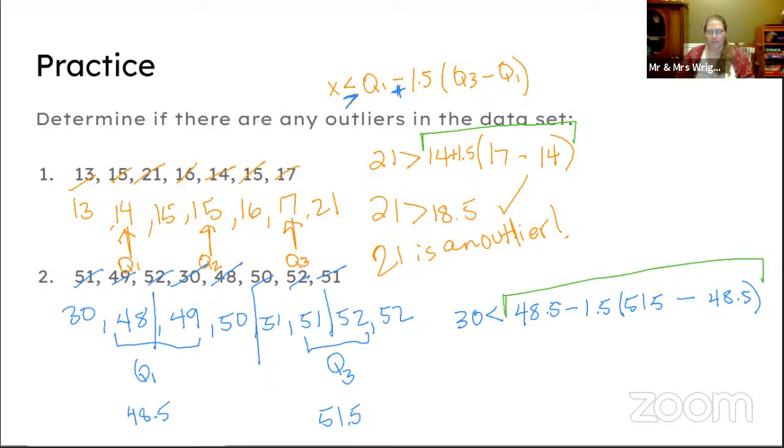So 48.5 minus 1.5, open parentheses, 51.5 minus 48.5, close parentheses, hit enter, and I got 44. Is 30 less than 44? And it is. So 30 is an outlier.